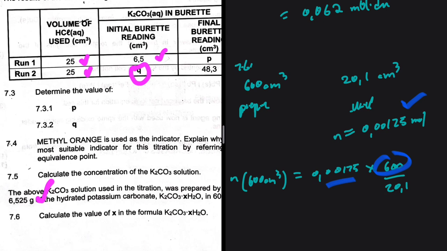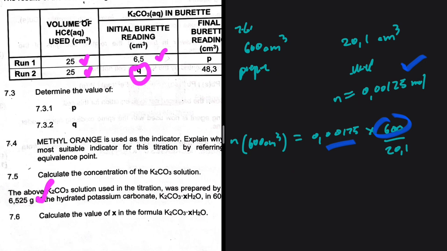So how many moles are present in the 600 centimeter cube? That's what we are trying to find here. Let me just put that in my calculator. 0.00125 multiplied by 600 divided by 20.1. I'm getting 0.03731.